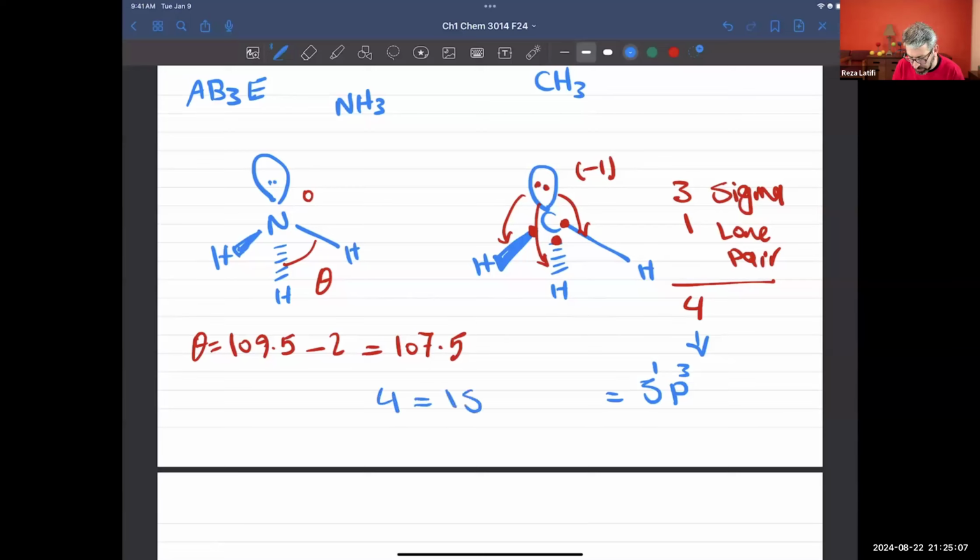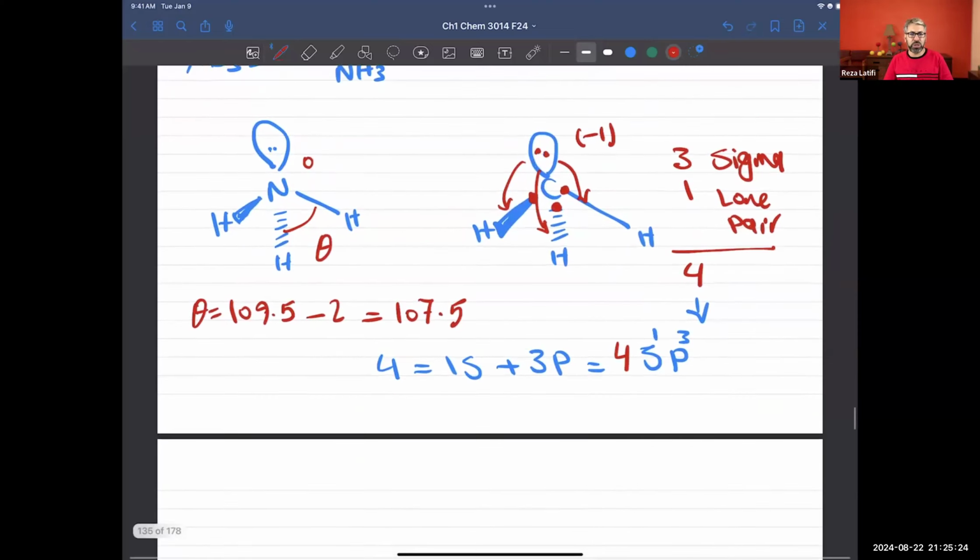We're going to use 1 from S and 3 from P, and that's going to give us a hybridization of sp3. Remember, we're going to get 4 hybrid orbitals of sp3. Is it polar or non-polar?